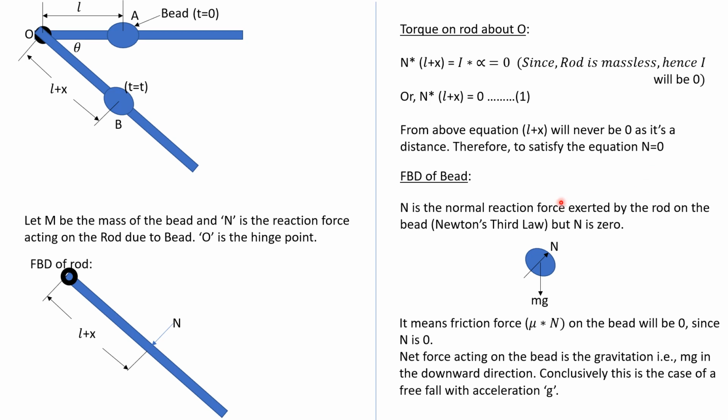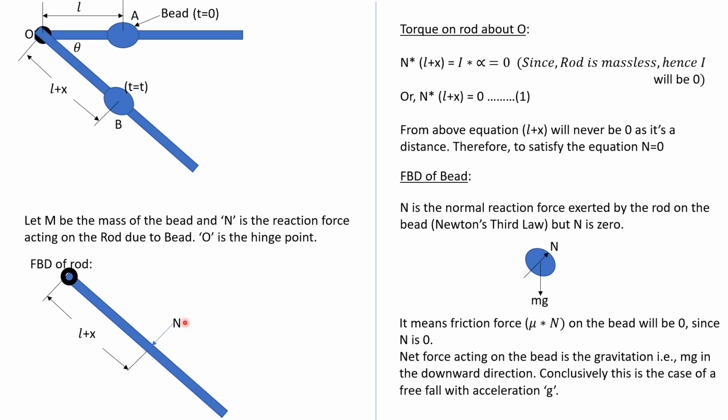Now we will make the free body diagram of the bead. Since the bead exerts a force N on the rod, as per Newton's third law the rod will exert a force on the bead, equal and in the opposite direction.